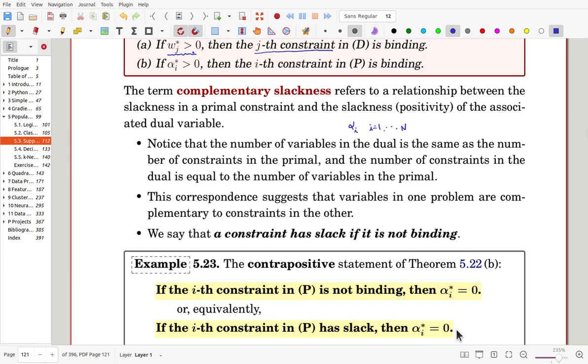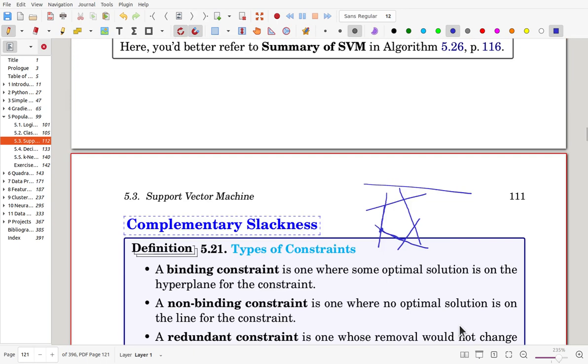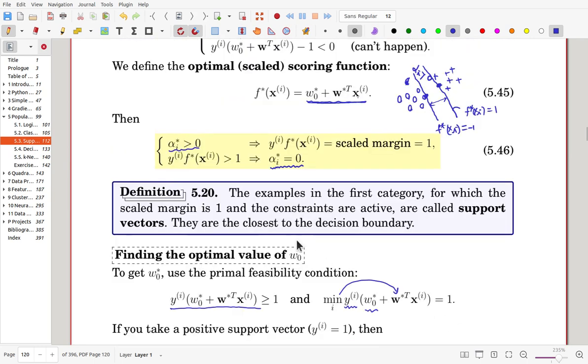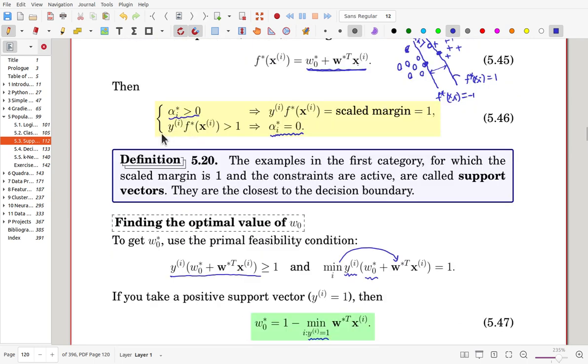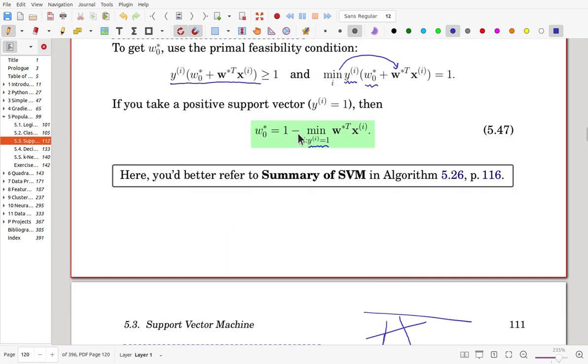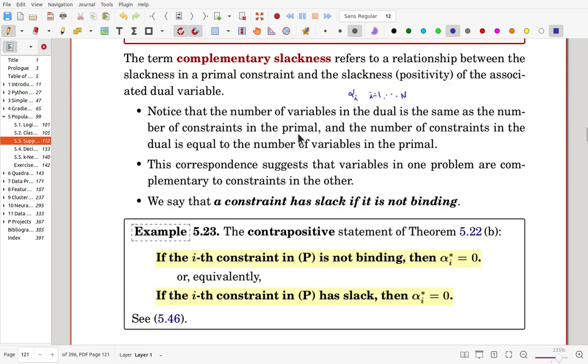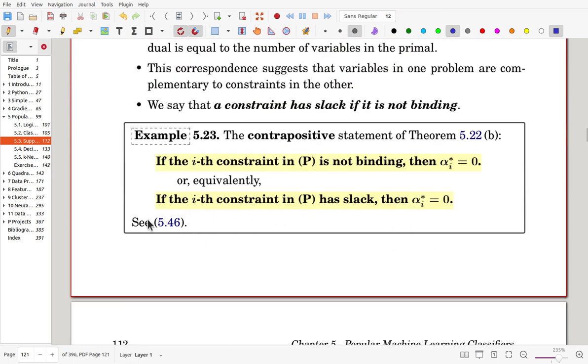That is exactly the same statement: if it is only an inequality, not equality, so it's not binding, then alpha star is 0. So that is exactly representing the equation. Okay, this is about complementary slackness.